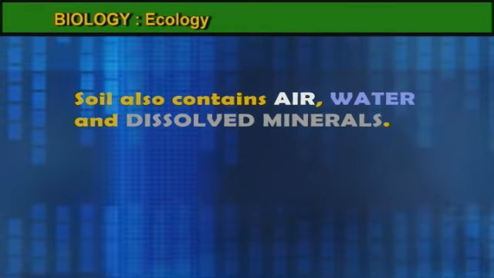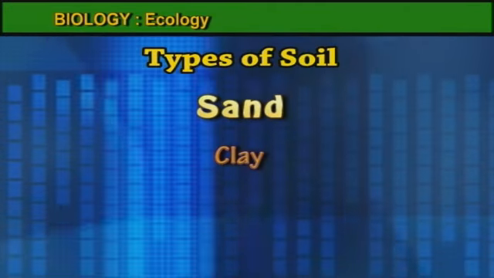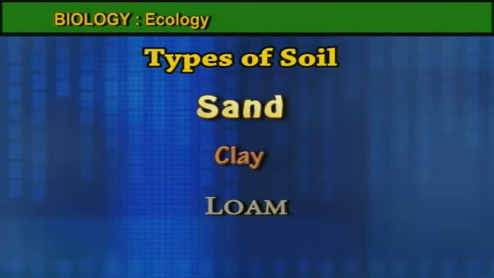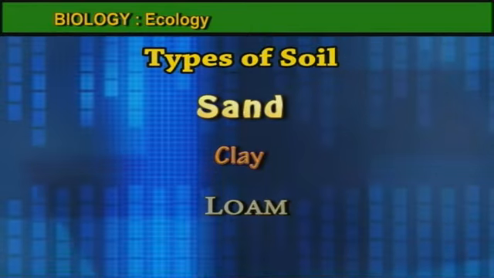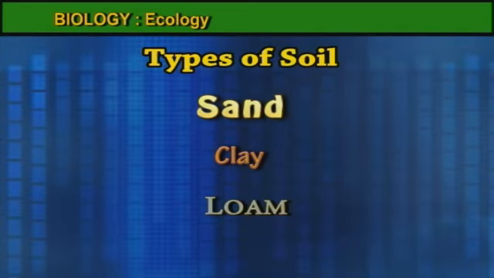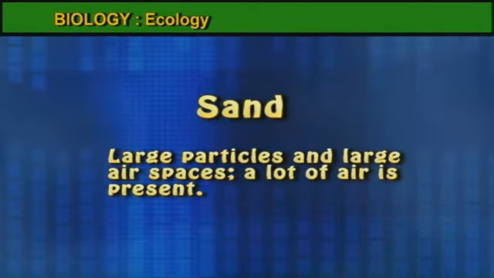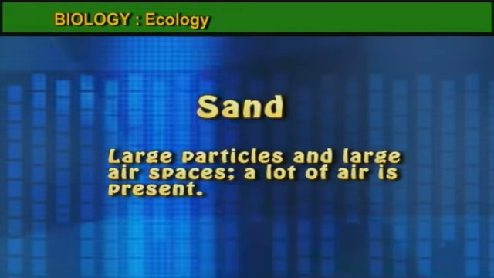There are three main types of soil: sand, clay, and loam. Do you know some of the properties of the different types of soil? Sandy soil has mostly large particles and large air spaces.